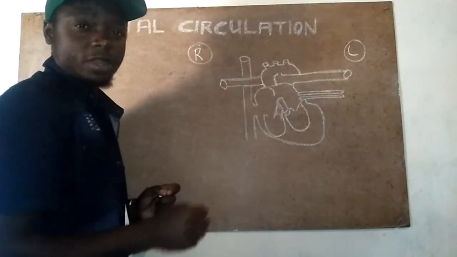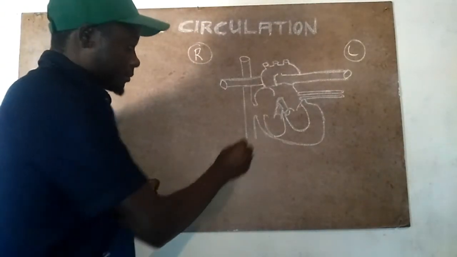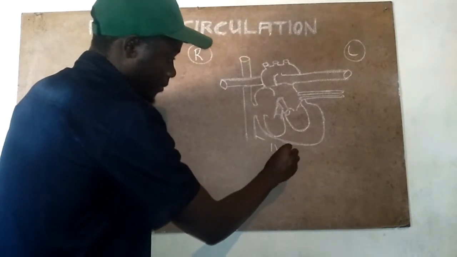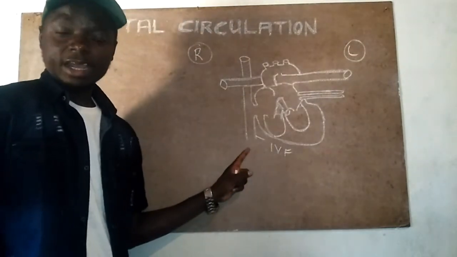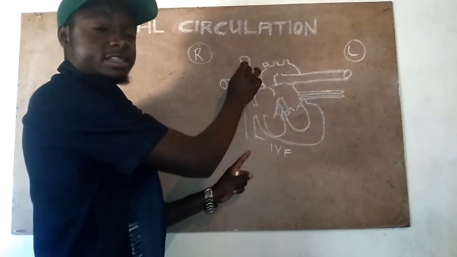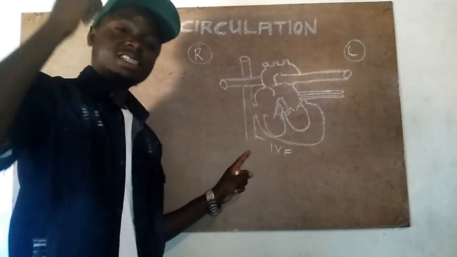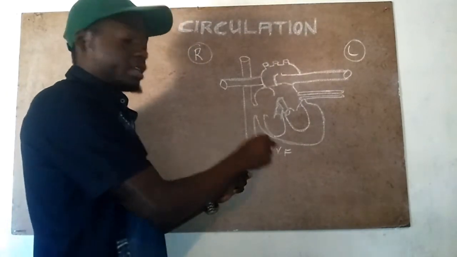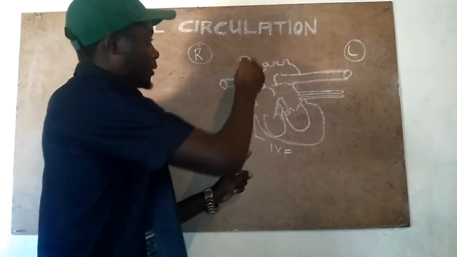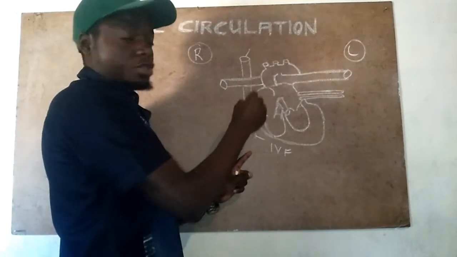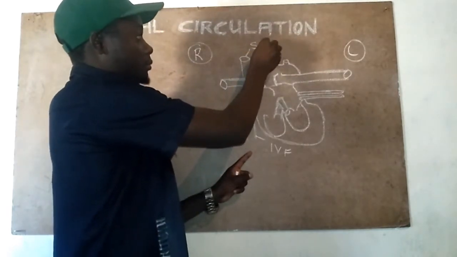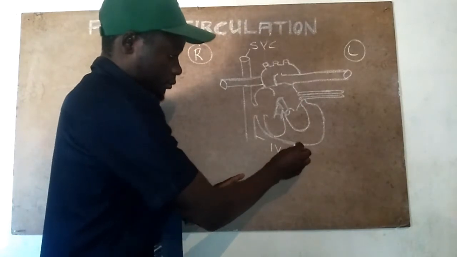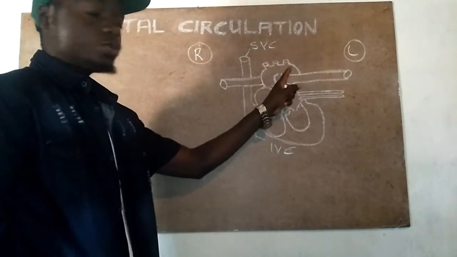So of course we still have the inferior vena cava. This is the inferior vena cava, and this one is the superior vena cava. This one is draining the top half of the body, the lower part of the body, sorry. So this will be the superior vena cava. And then this one is the aorta.